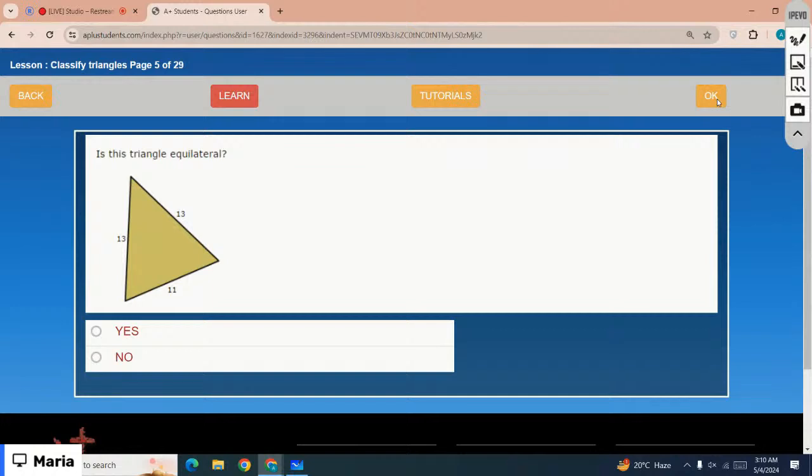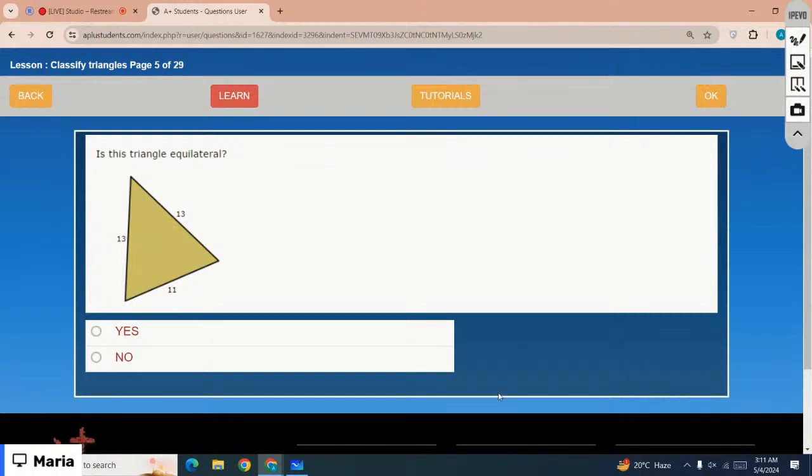Is this triangle equilateral? No, this isn't an equilateral triangle, right?